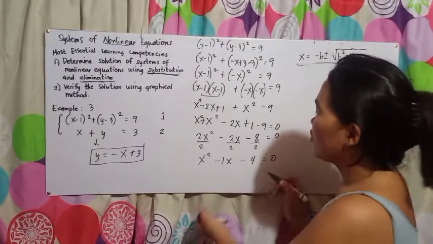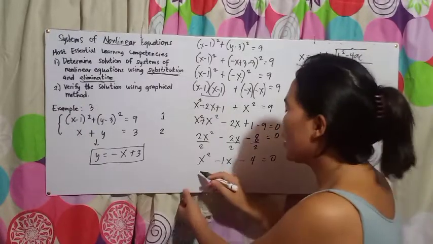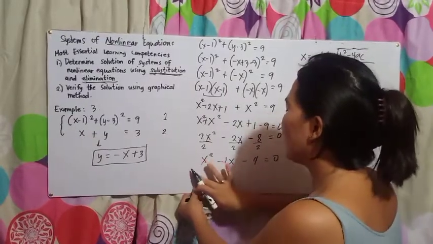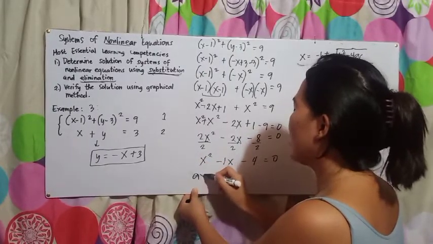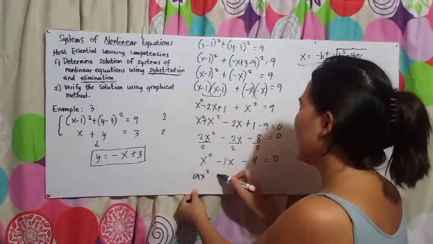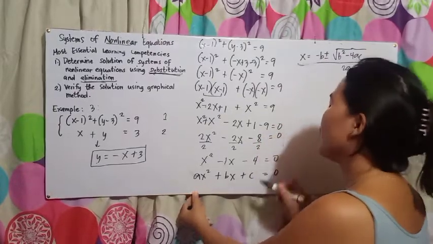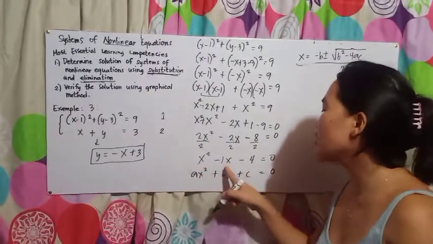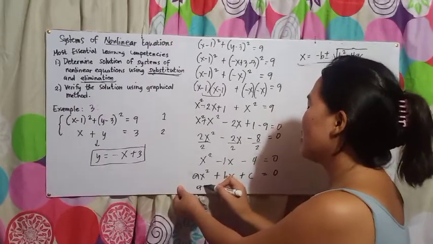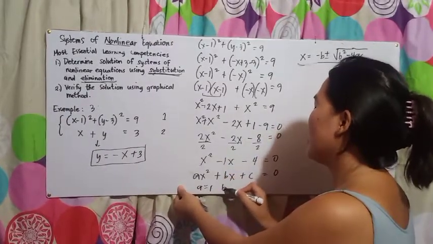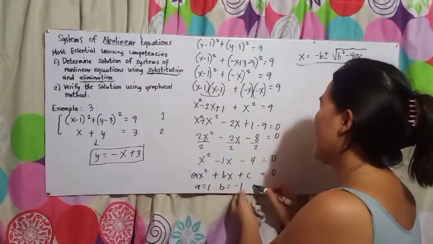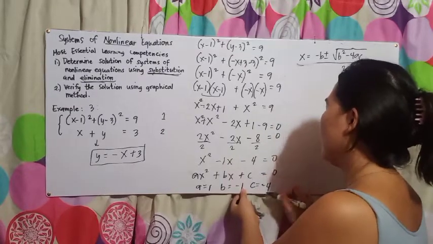Okay, so sa quadratic formula, mao ni ang A, kay in the form of ax squared plus bx plus c equals 0 man. So, since mao man atong answer, ang A is 1, ang B is negative 1, ang C is negative 4.